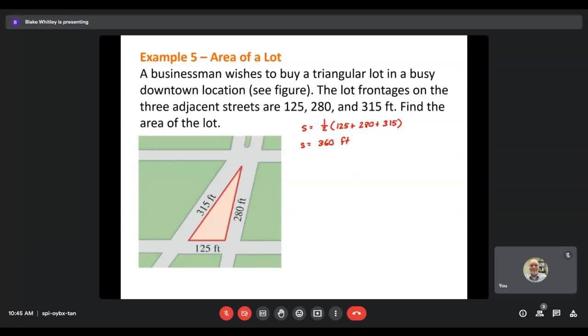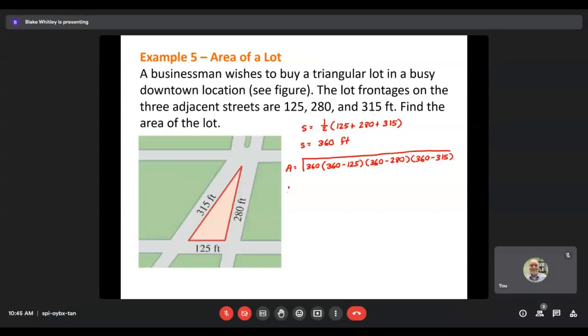Okay. Now that we have that, now we can use our formula. So area equals square root. Start with your semi-perimeter, 360 times, and then we're just going to do the semi-perimeter minus of those side lengths. So we have 360 minus 125 times 360 minus 280 times 360 minus 315.